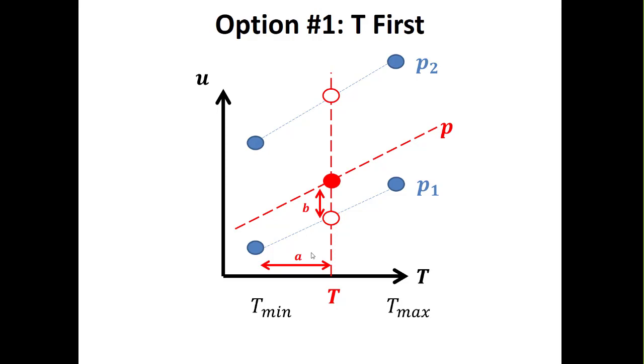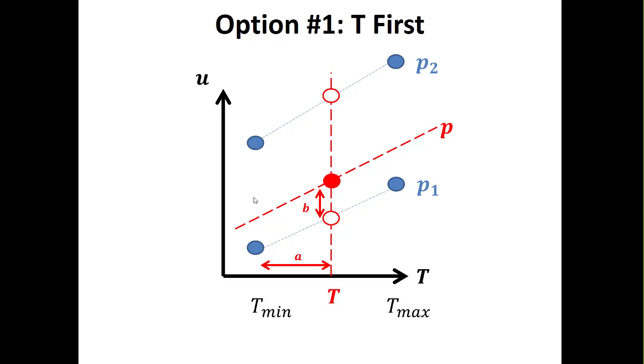You're going to have to interpolate twice with one of these numbers, either A or B, because really we have these solid dots, that's our two tables. In this case, I've interpolated twice with A, this open dot and this open dot, but then I had to interpolate with B in between here. Does that make sense?